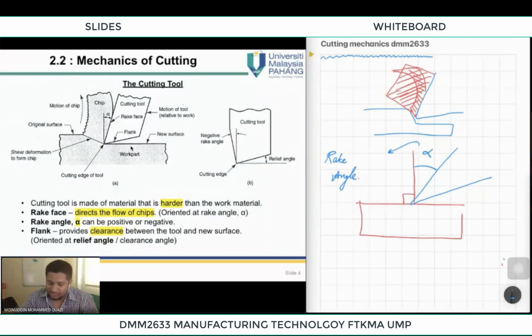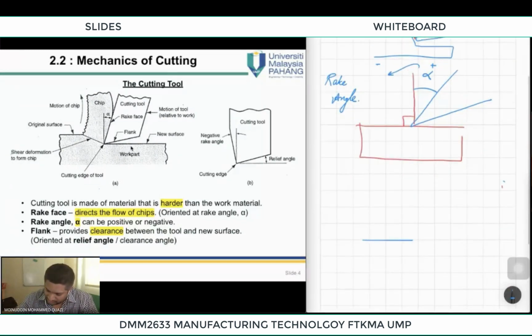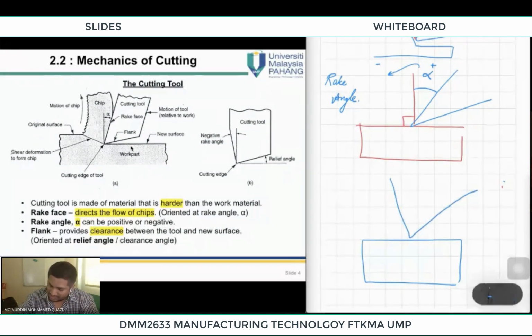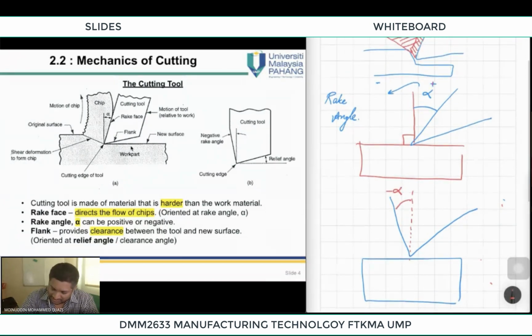This angle can be positive and this angle can be negative. How can it be negative? If my tool is something like this, it makes a negative rake angle with the workpiece. This is a negative rake angle. This is a positive rake angle. Both have their own separate applications. Okay, so rake angle positive, rake angle negative.